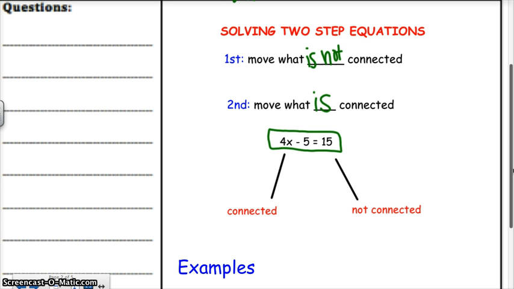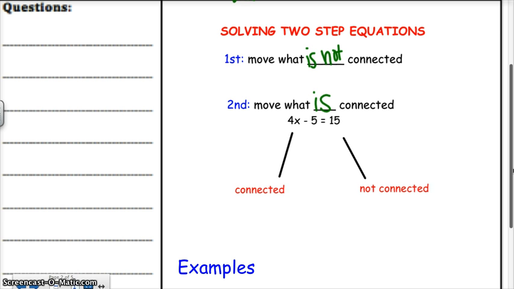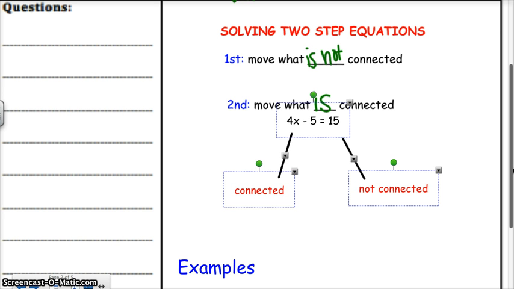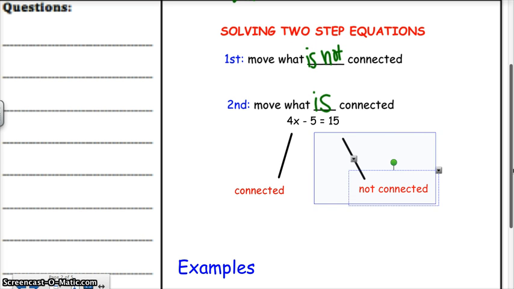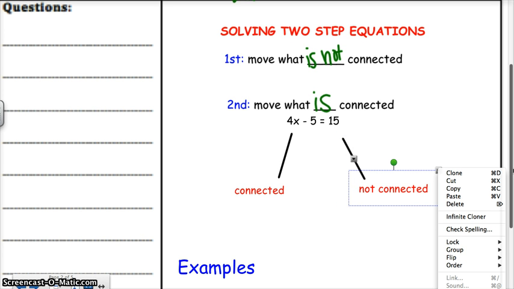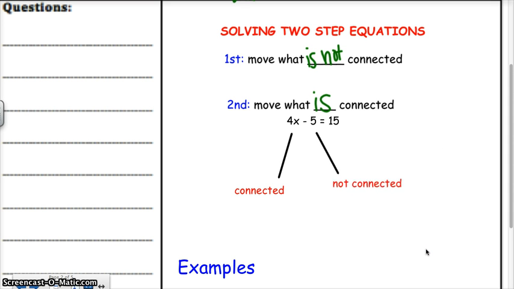is sticking to it. Notice what's not connected to the variable here, this is aligned weird, is this -5. That -5 is the same as plusing a negative. That is not connected. Notice it's got some space from the variable.